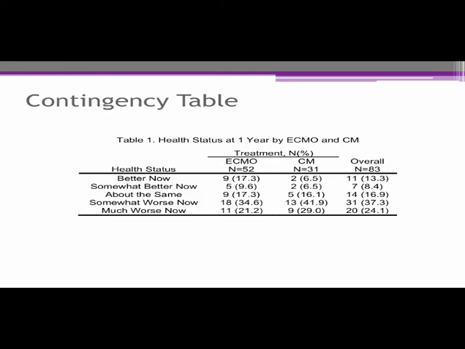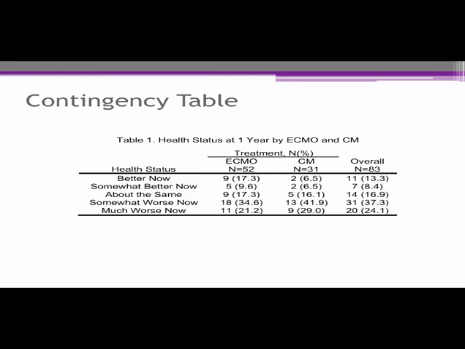So our goal here is to determine if the proportions within each row are different across the ECMO and the CM groups. Is 17.3 different from 6.5? Is 9.6 different from 6.5? Is 17.3 different from 16.1? Is 34.6 different from 41.9?